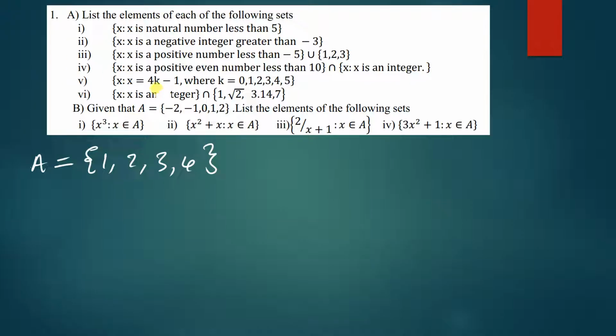The next set says x is an integer greater than -3. So we've been told that x is an integer which is greater than -3. Integers are simply whole numbers, including positive and negative whole numbers.